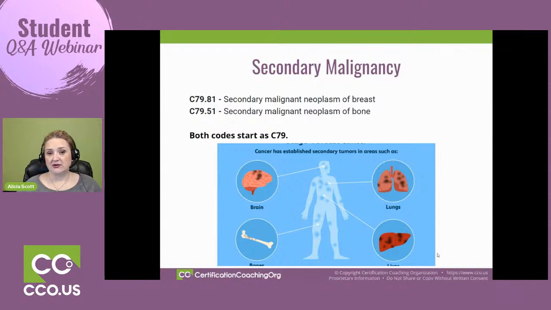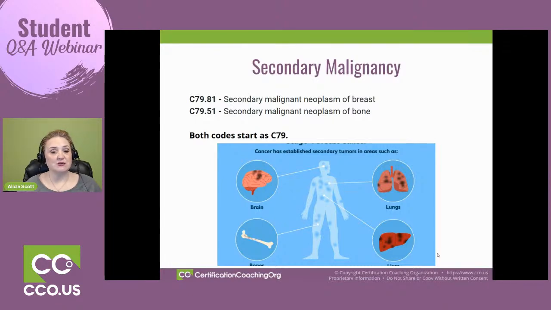Is the provider, that orthopedist, going to be treating both cancers? No, he's not even really treating one. He's treating the fracture. Why was the fracture occurring? Because of bone cancer. The bone cancer is secondary. It came from breast cancer.